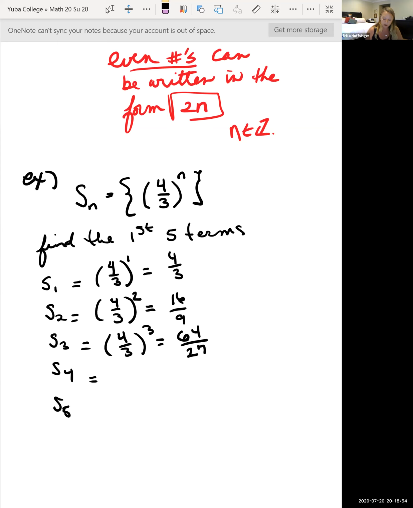S of 4, we have 4 over 3, and that's all raised to the 4th power. So 4 to the 4th is 256, all over 3 to the 4th, which is 81. S of 5 is 4/3, I'm sorry, not cubed, raised to the 5th power.